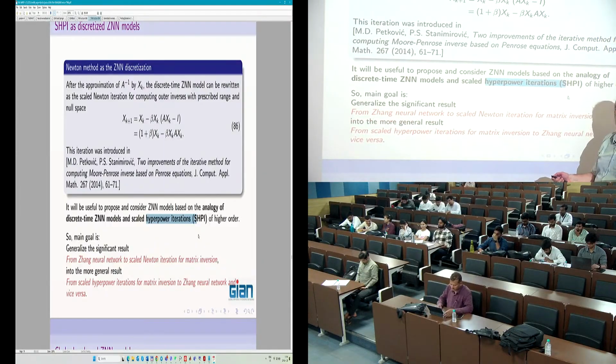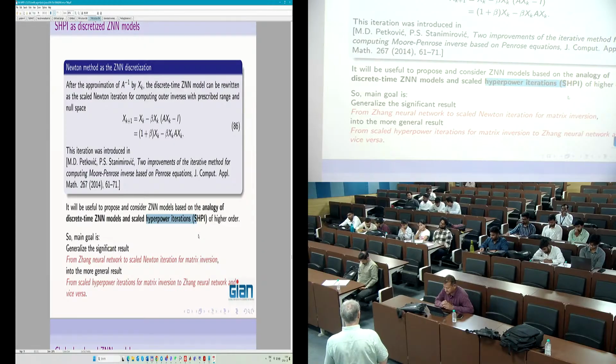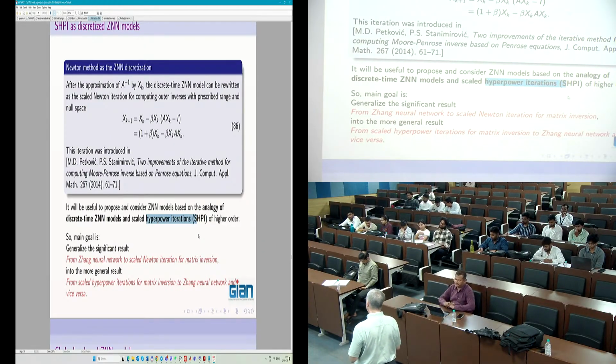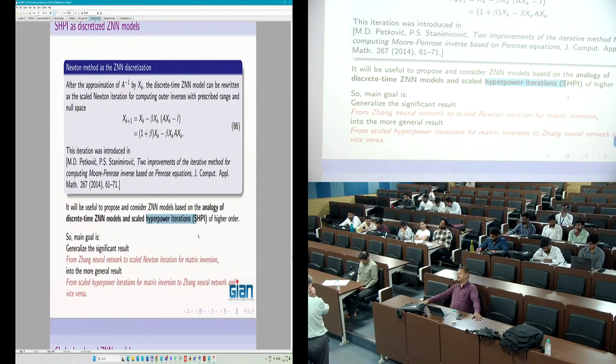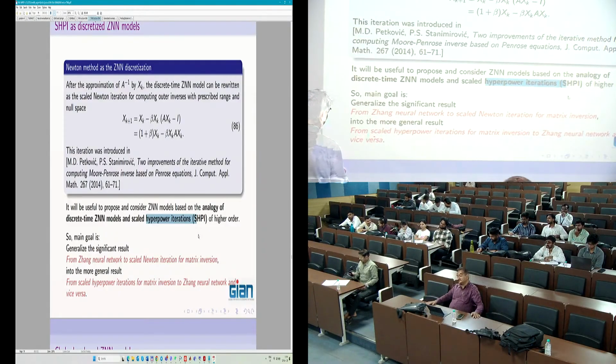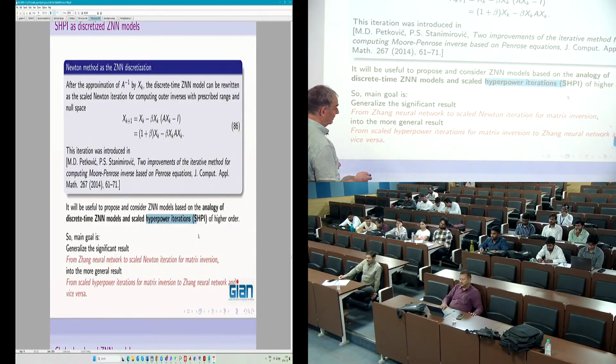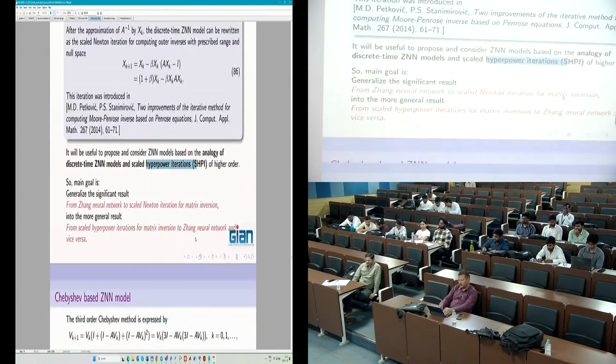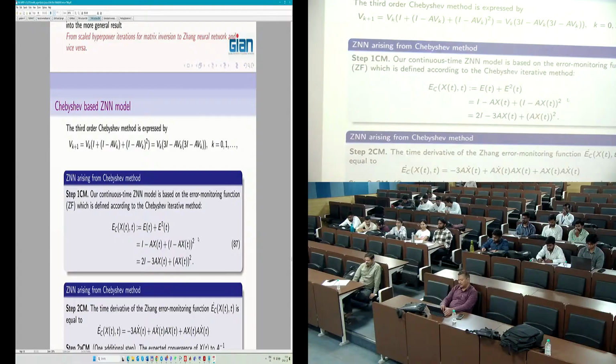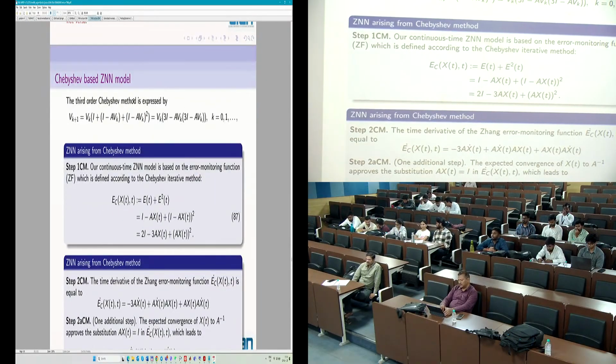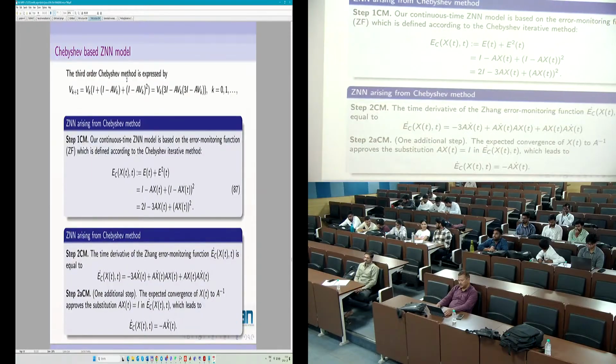Okay, Euler, if we use other kinds of methods on time models, in our case the ZNN, we will analyze the relation between the improved ZNN. First, we analyzed relations between the ZNN and the Chebyshev method. It is a hyperpower method of order 3.